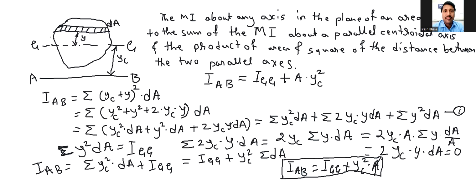In this case, any one axis should be a centroidal axis. IGG is the moment of inertia about the centroidal axis GG, and GG is parallel to AB. So in these two parallel axes, any one axis should be the centroidal axis. Otherwise you cannot apply this parallel axis theorem.